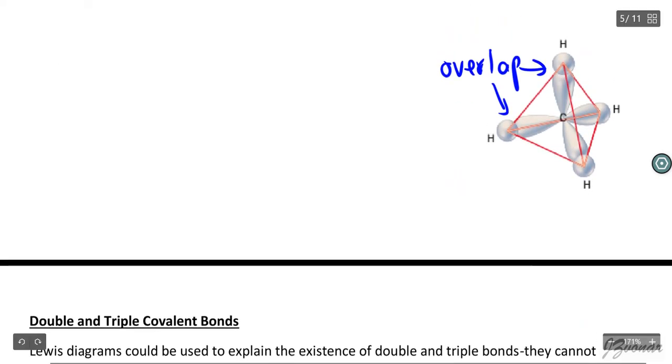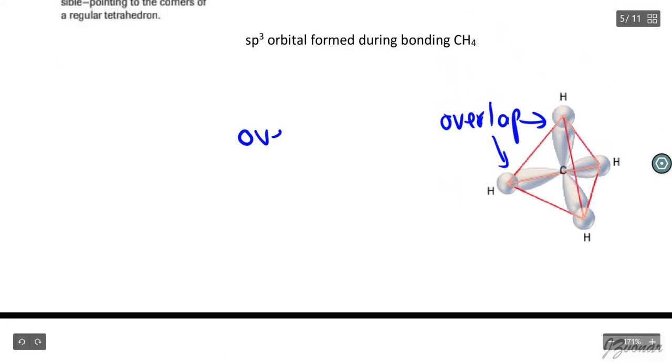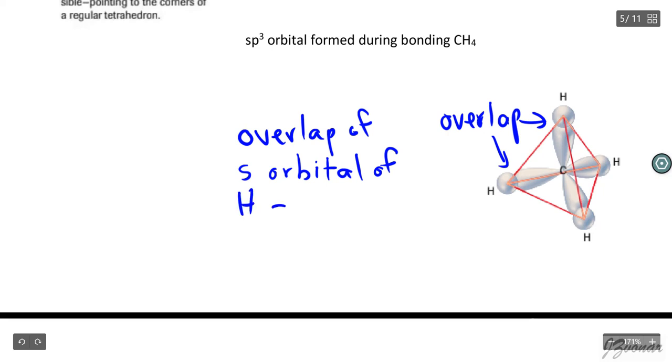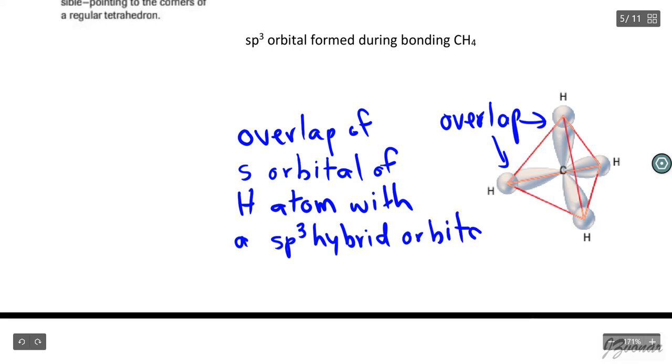So what's happening is there is an overlap of the s orbital of a hydrogen atom with an sp3 hybrid orbital of the carbon atom.